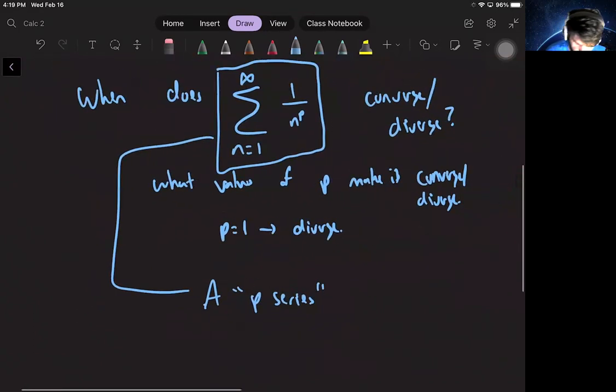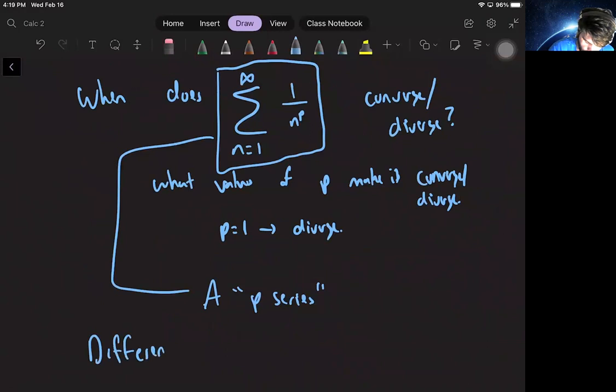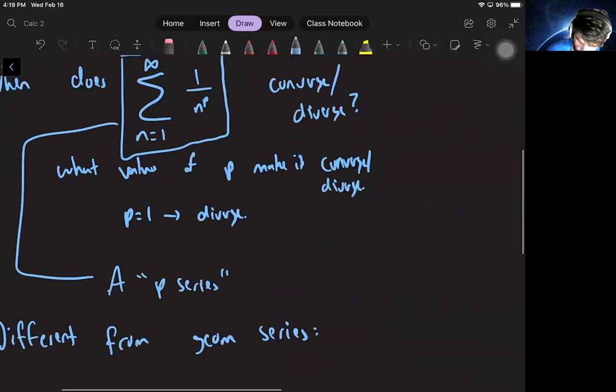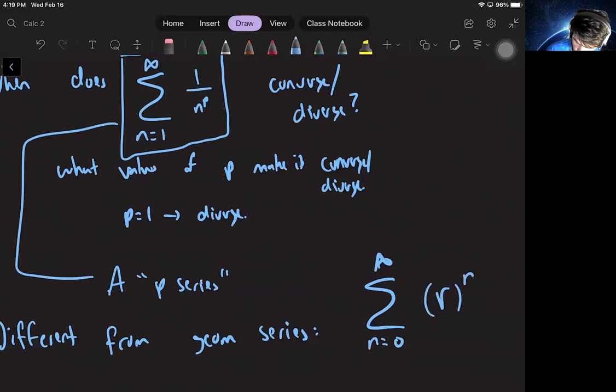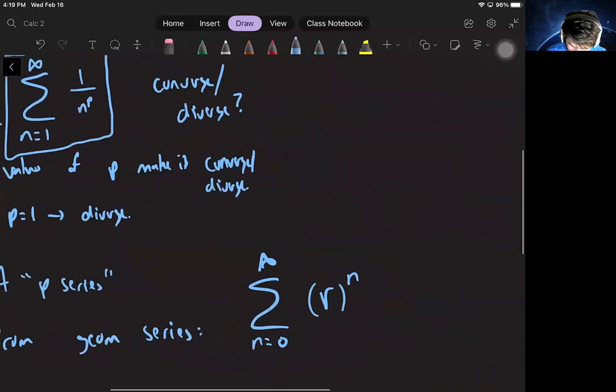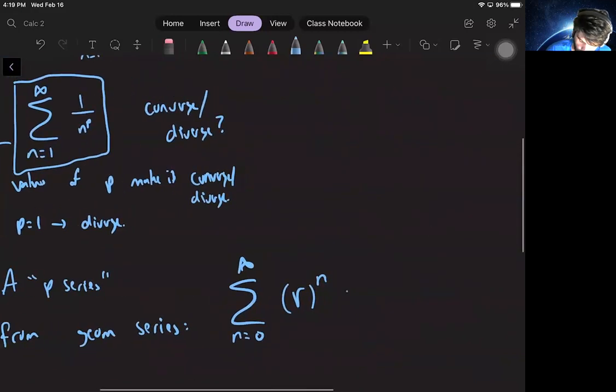Just real quick, this is different from a geometric series. This is a very common mistake, is to mix these two up. So what was a geometric series? The difference was, it was a number to the nth power. So you're just adding up powers of the same number.